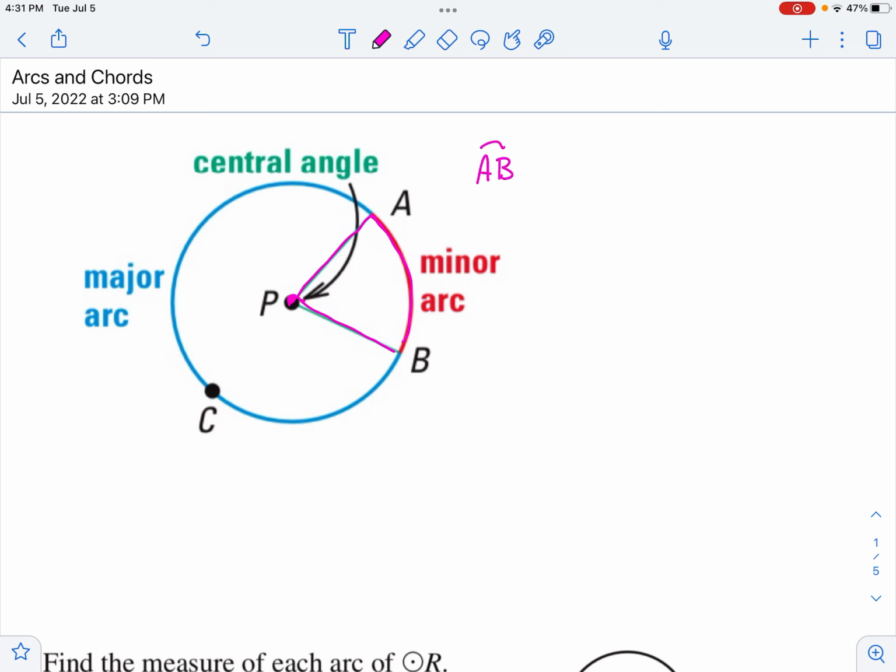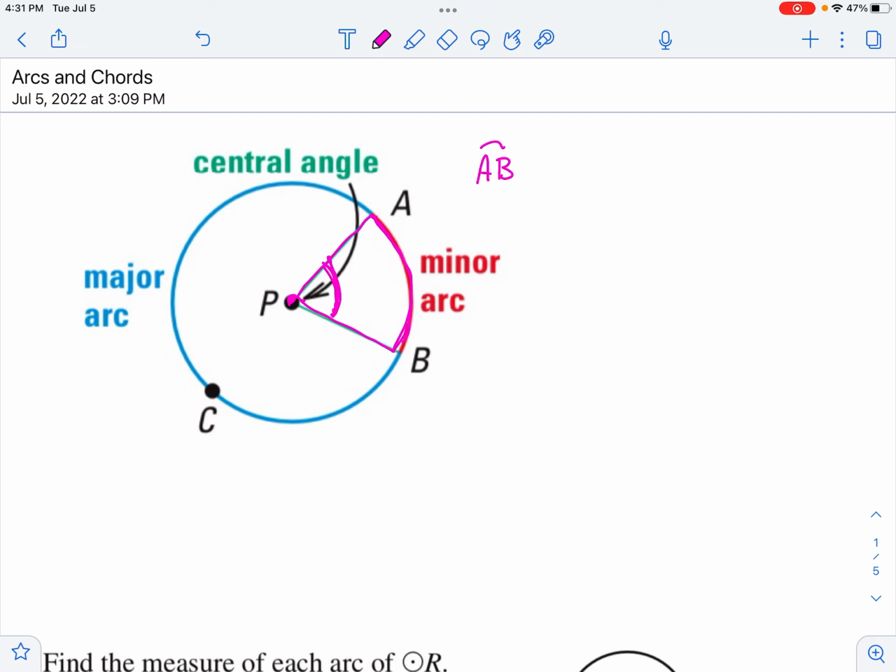Okay? Now, notice this angle right here, what we'll call the central angle, because its vertex is the central point of the circle. This central angle here is less than 180 degrees. So we call this arc a minor arc for that reason.